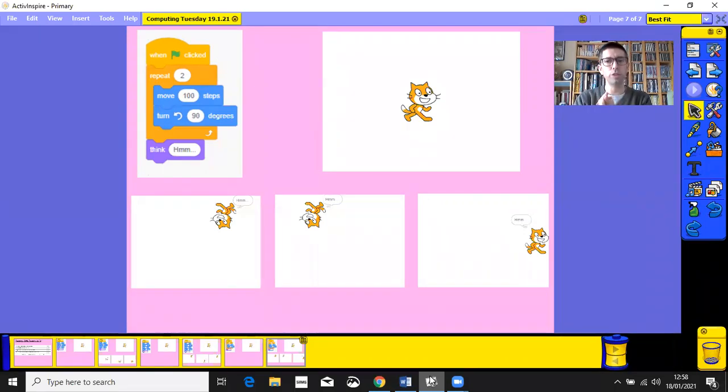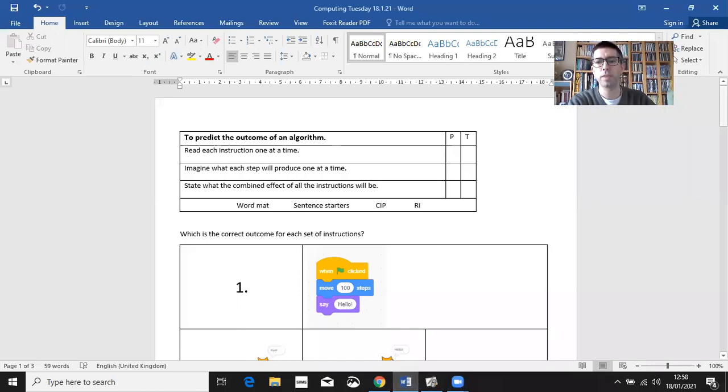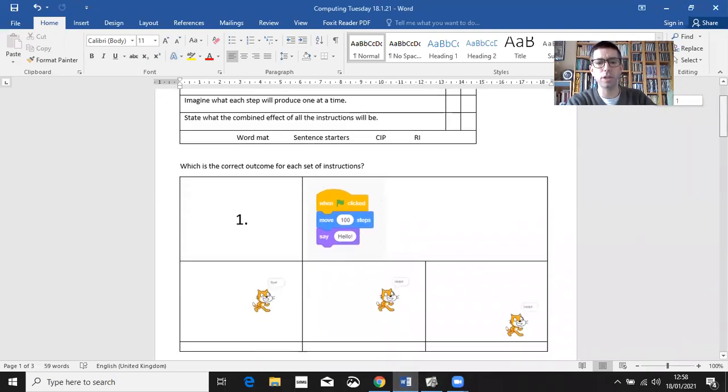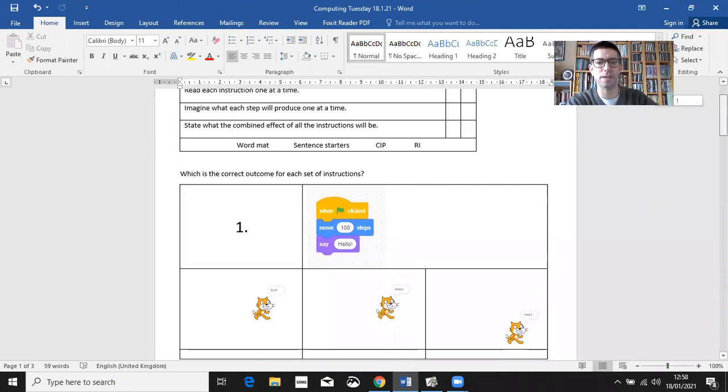I've already told you you've got the computing website. You've also got the computing worksheet, and your worksheet looks like this. It has got 6 examples, and what you need to do is have a look at the instructions.